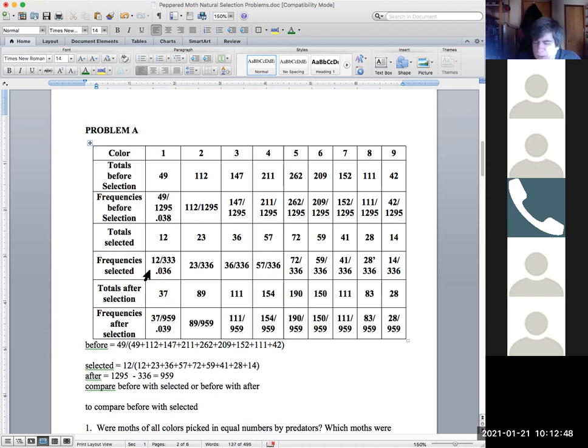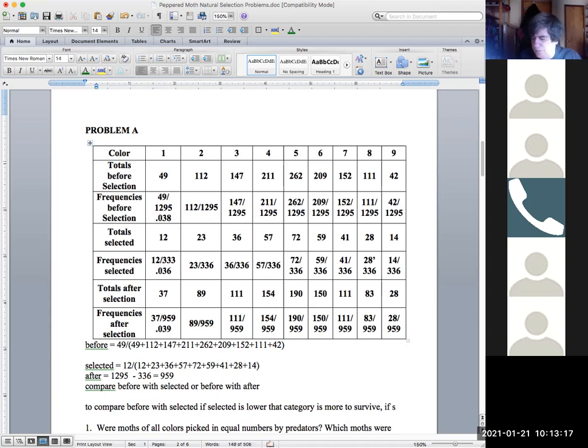But there aren't 38, there's only 36. So when we're comparing before with selected, if selected is lower, then that category, in this case the color, is more likely to survive.